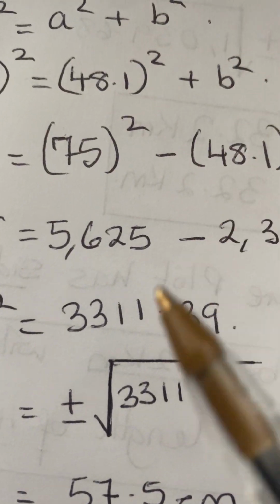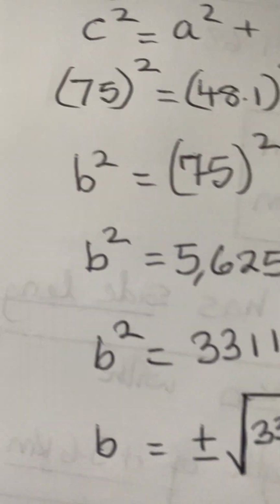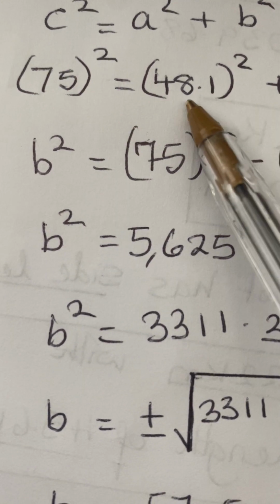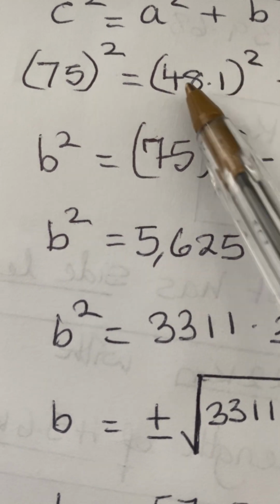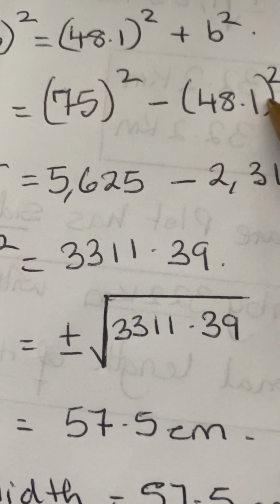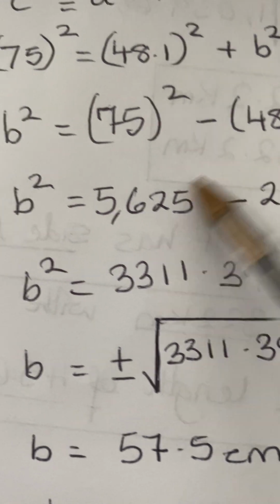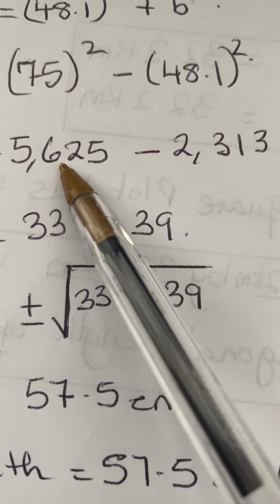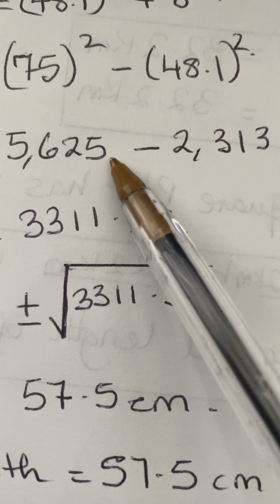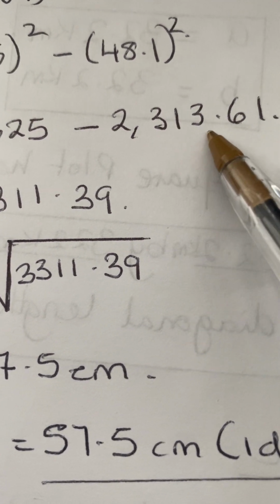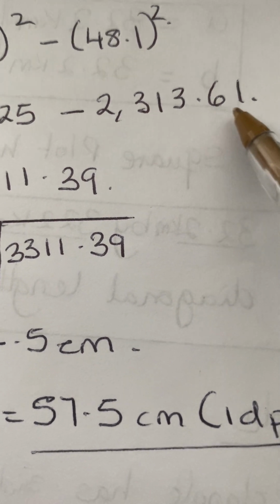Now we need to subtract, because for b squared to be on its own, 48.1 all squared has to go to the other side, so it becomes minus. So we subtract 5625 minus 2313.61.